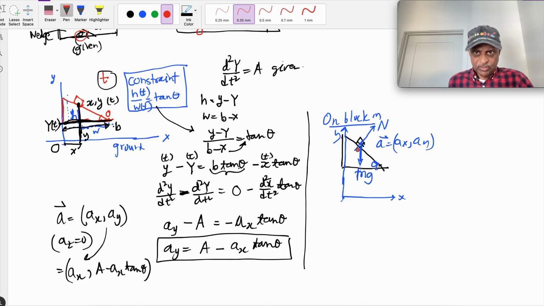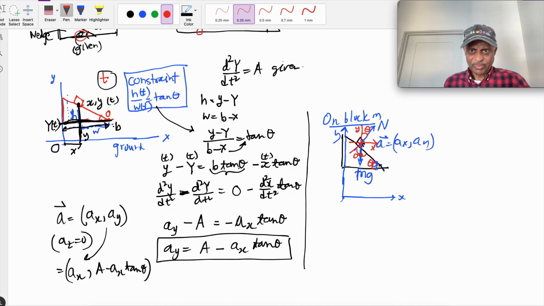So if this is theta, this is 90 minus theta, this is theta, so this angle is theta. Make sure you followed me properly.